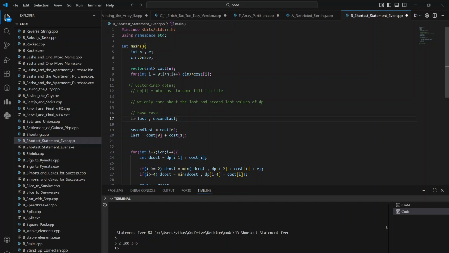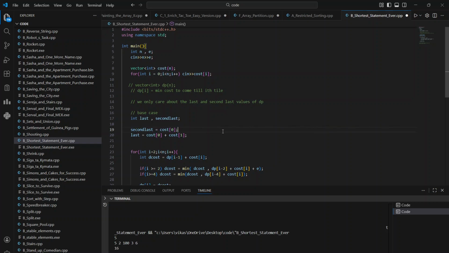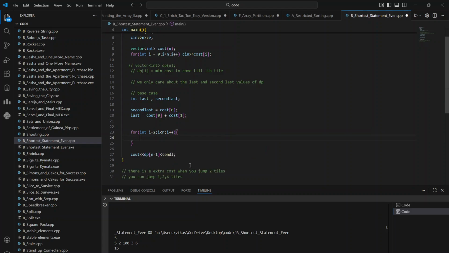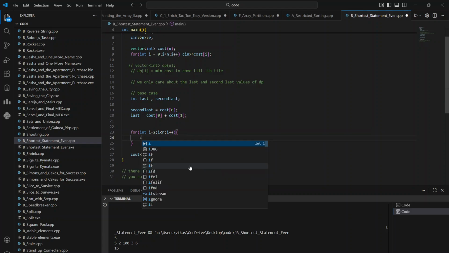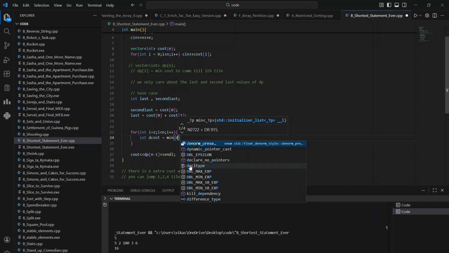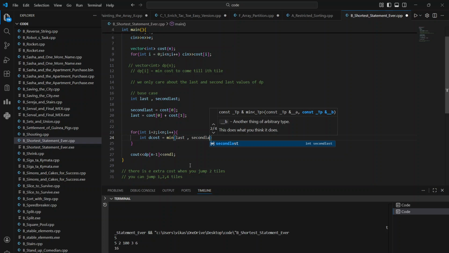Okay, and why I'm just using ll everywhere. It's great. And now from the second tile, which is the third tile, because we are going zero based here, remove this. Now the dp cost is going to be the min among dp last and second last plus the current cost.